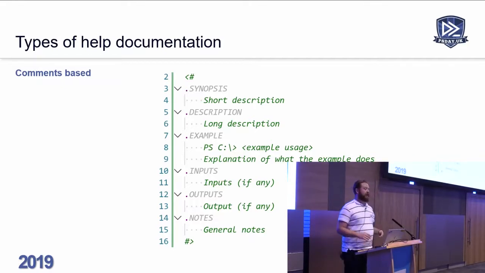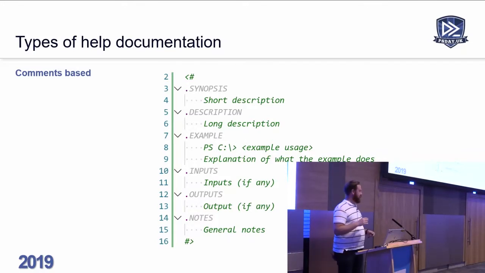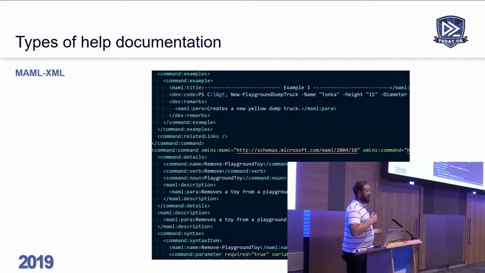And this is all well and good when doing simple functions or small projects. You can put the documentation in the code quite easily. But whenever you need to scale, most often you would use external help documentation.